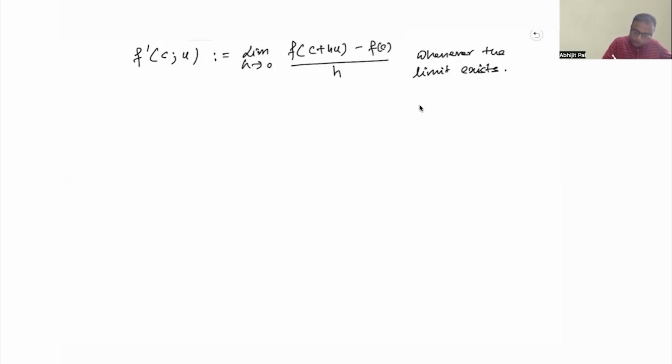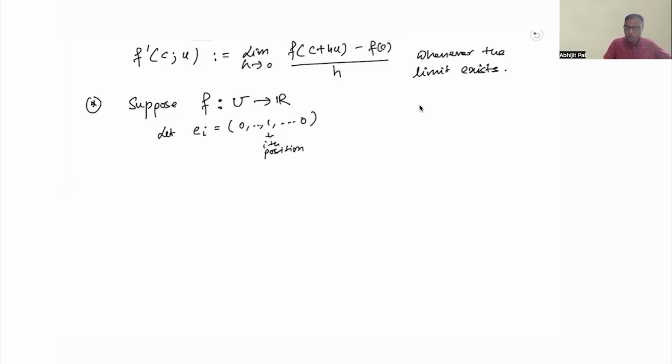Now suppose f is a real valued function, that is, a function from U to R. Let e_i be the unit vector with 1 in the ith position and 0 in the rest of the positions.